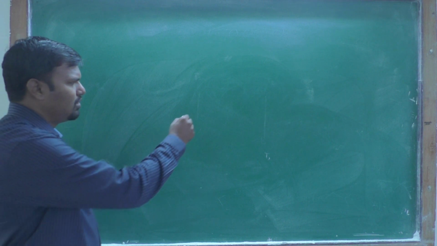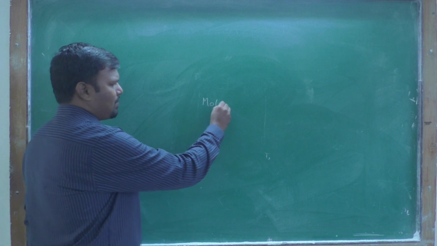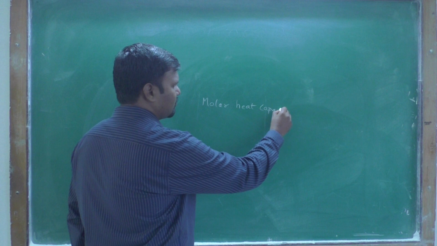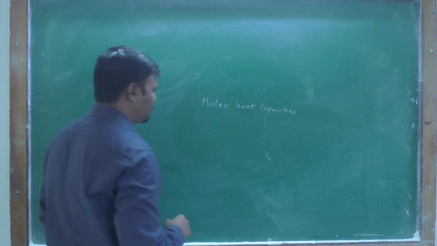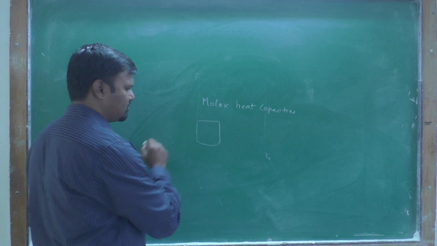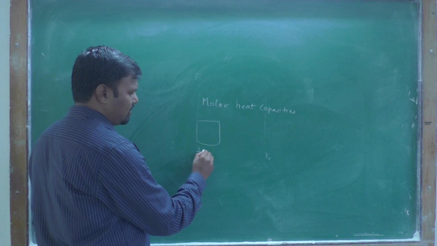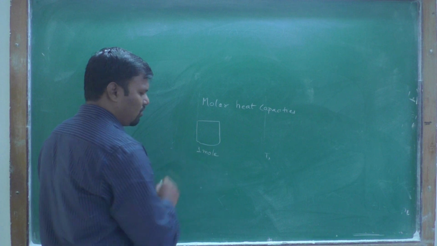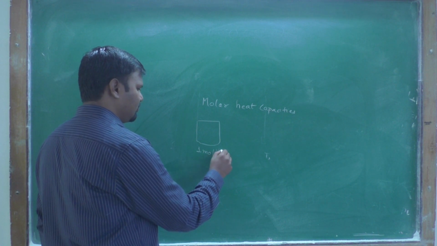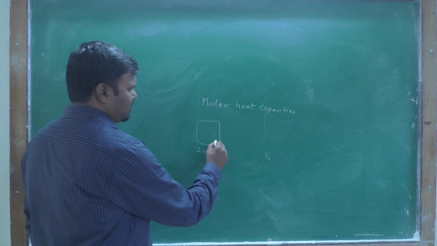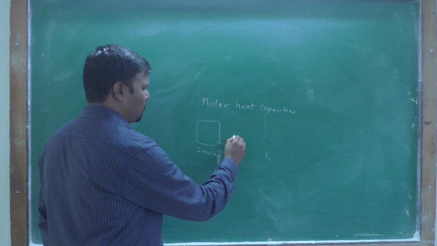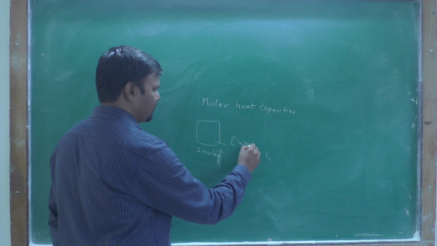The first term is molar heat capacities. Suppose we have a substance of quantity 1 mole and you heat that substance. After some time, its temperature increases by 1 degree unit.